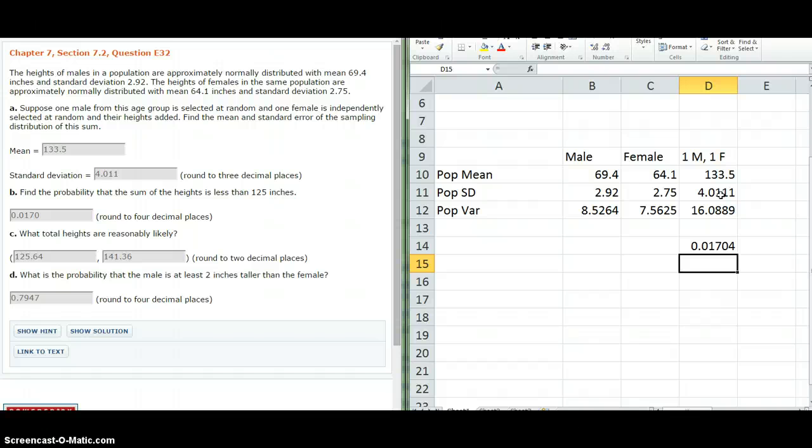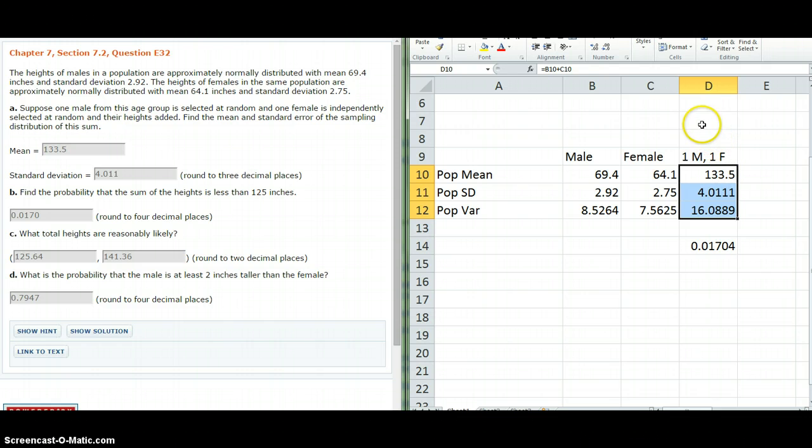Now, you may wonder, why didn't we use that adjustment where we take the standard deviation divided by the square root of n, so the square root of 2 in this case, since we have 2 people? Well, because these numbers right here reflect this single method, I guess, of one male and one female.